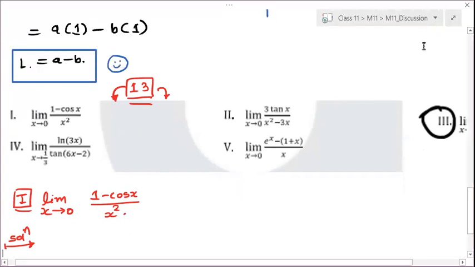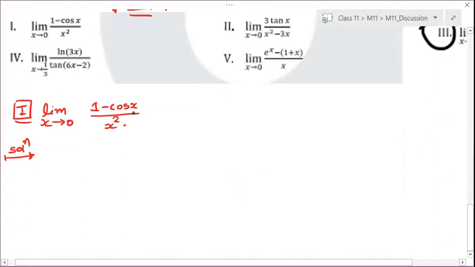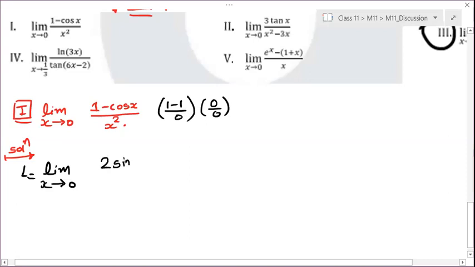What is your first step? Just release the limits. 1 minus cos 0 is 1, 1 minus 1 is 0, so it is 0 by 0, an indeterminate form. If it is a trigonometric limit and it is 1 minus cos, 1 minus cos can be written as 2 times sine square x by 2.